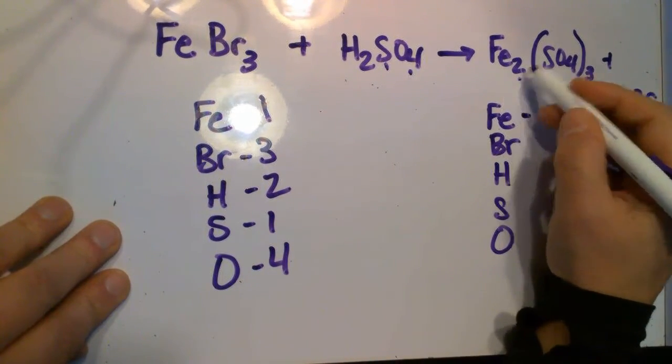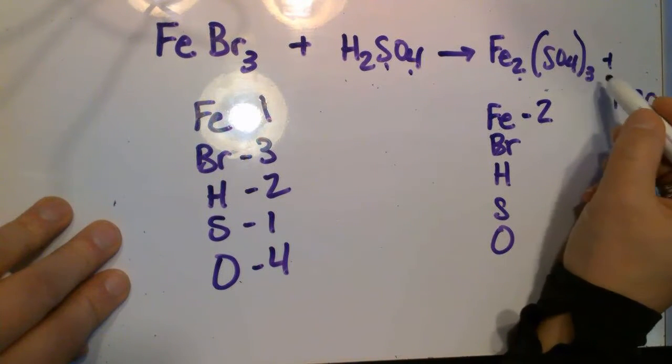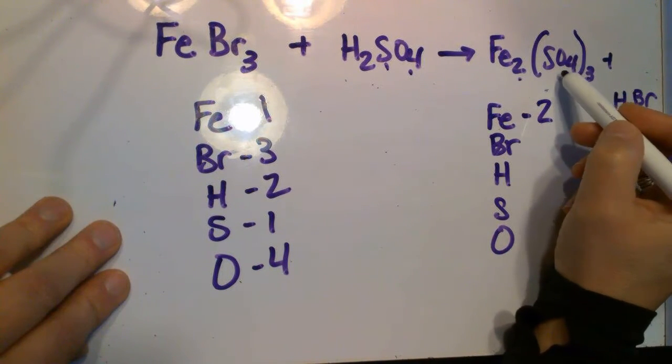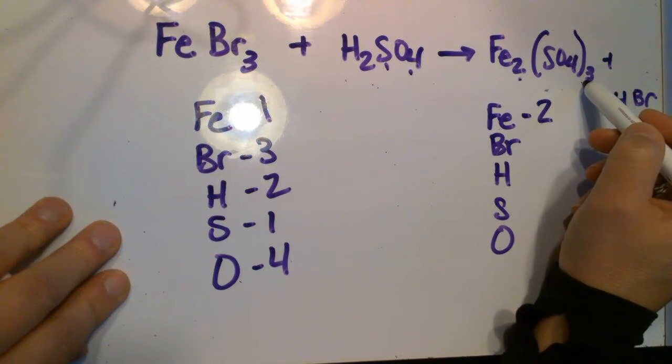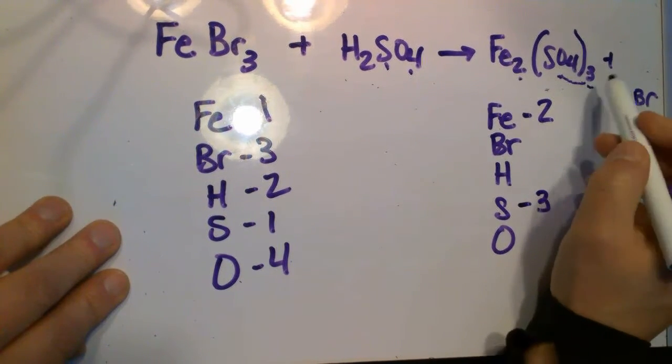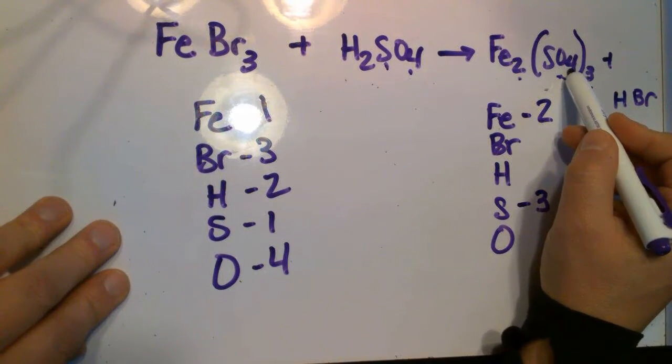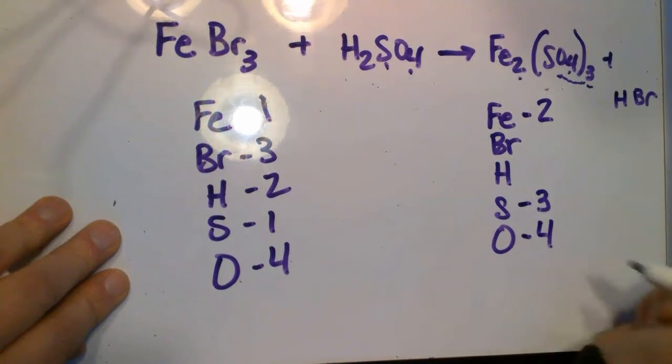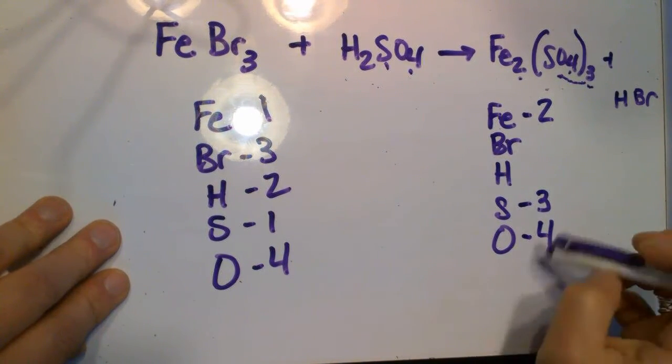On this side we have 2 irons, we have 3 sulfurs, right? There's 3 of these SO4s. That's what this means. So then we would take 3 times 1 sulfur. We would take 3 times 4 oxygens. Oops, that would be 12.